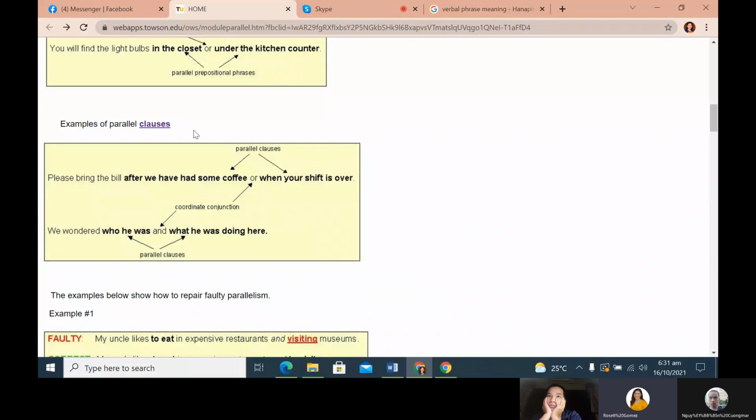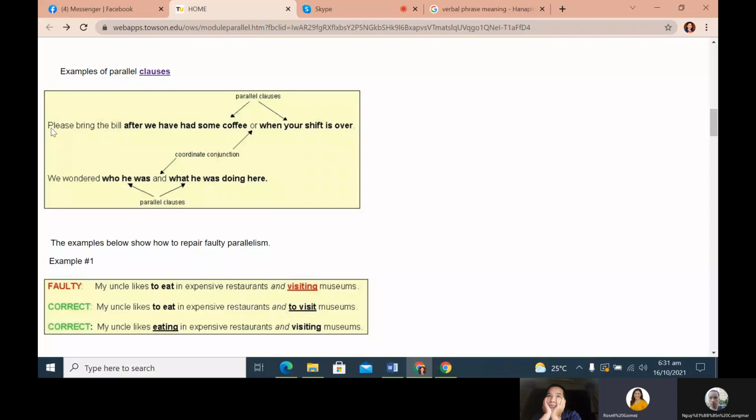Clause, we have subordinate clause and independent clause. Now, please read the sentence. Please bring the bill after we have had some coffee or when your shift is over.